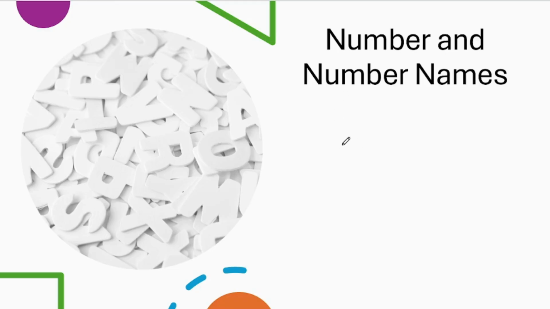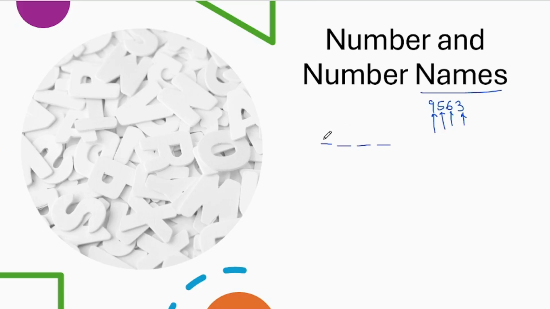What exactly do number and number names mean? It's very simple. Let's say there is a number given, 95563. Now, each position of this number, what is the digit that is placed at it?